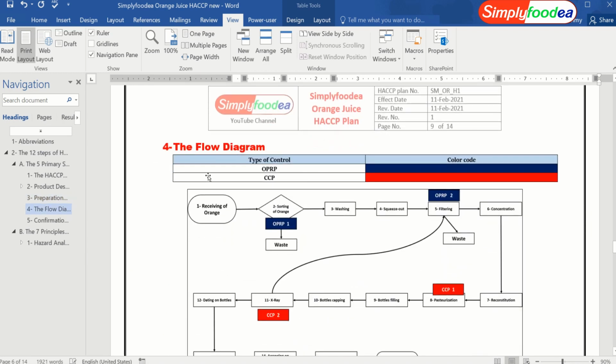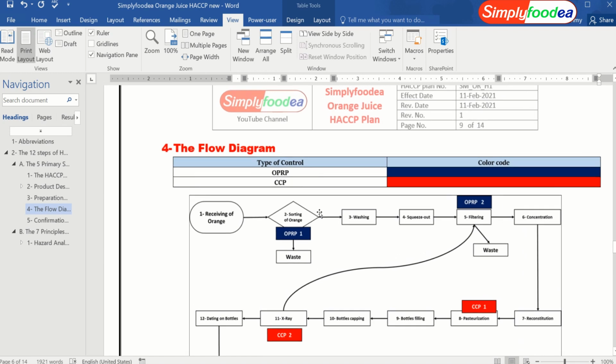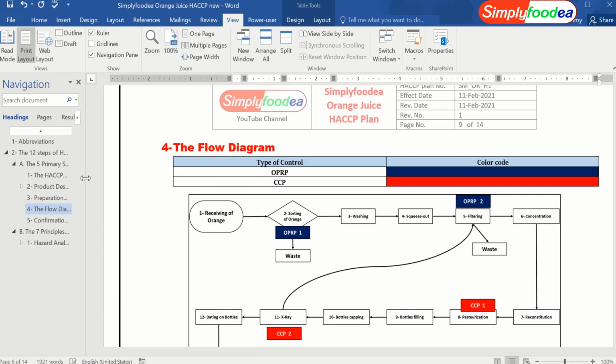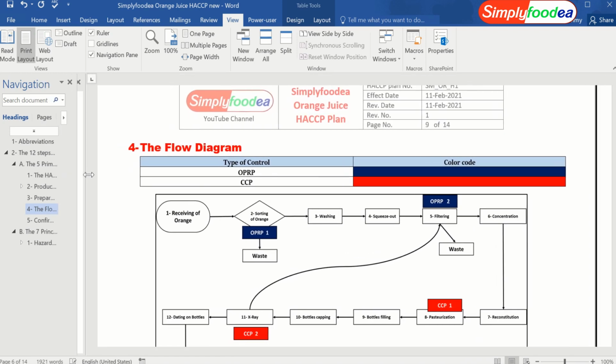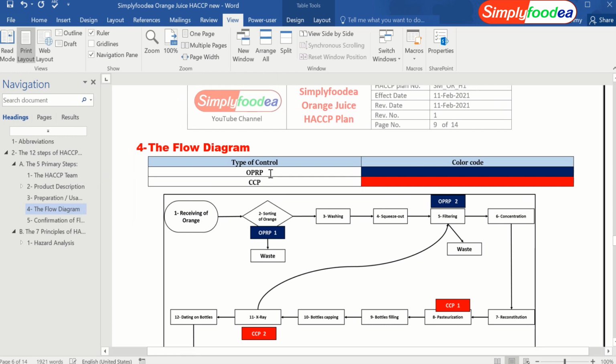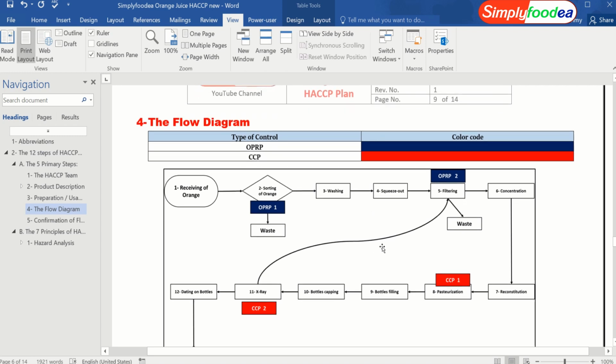Then we have also done how to draw the flow diagram, and mentioned that we have some kind of controls in our flow diagram, either OPRP, Operational Prerequisite Program, or CCP, which is actually done after the process risk assessment, but we have done it before the process risk assessment.